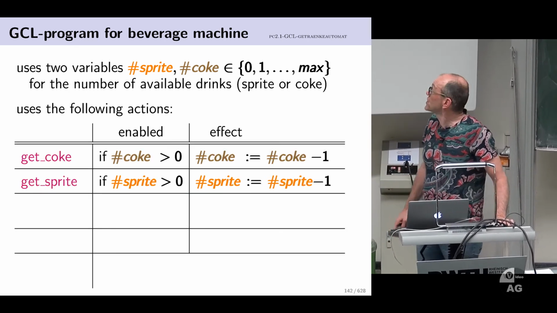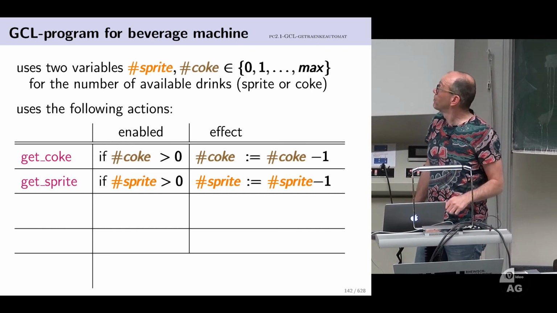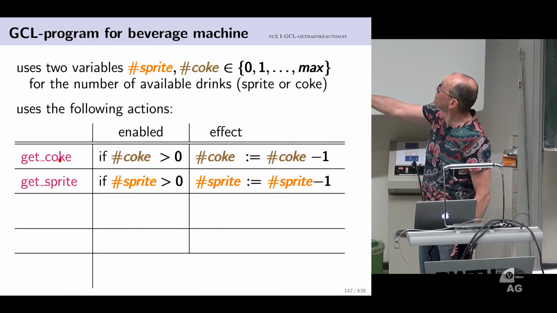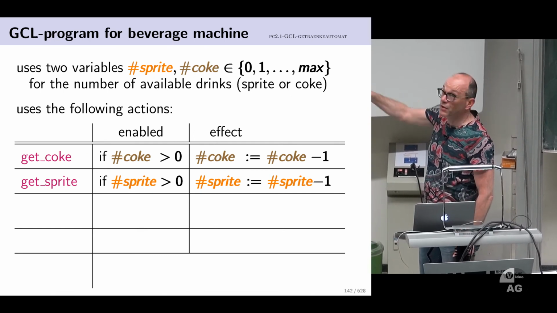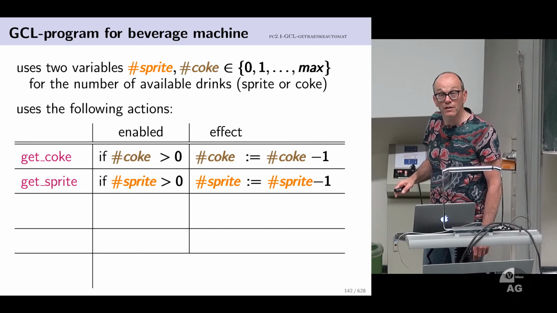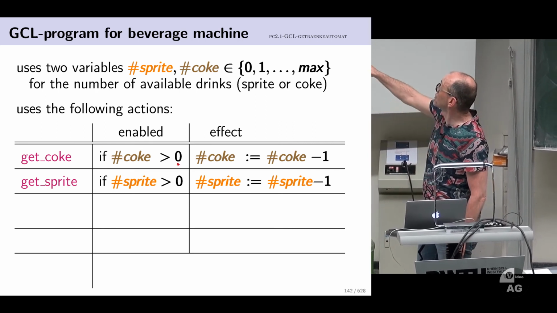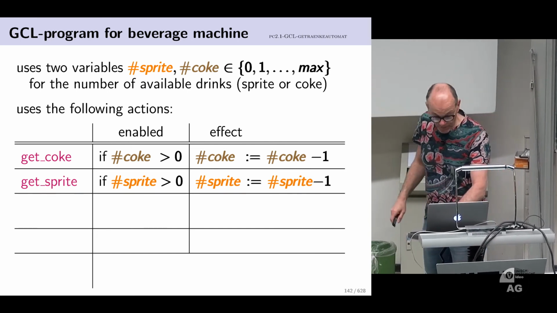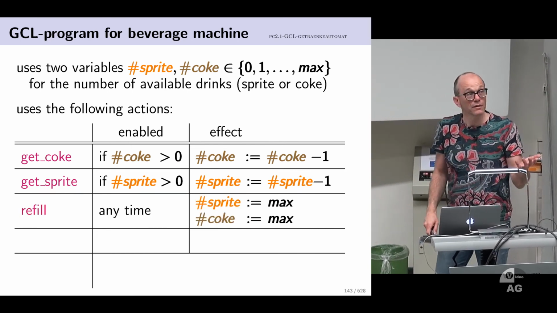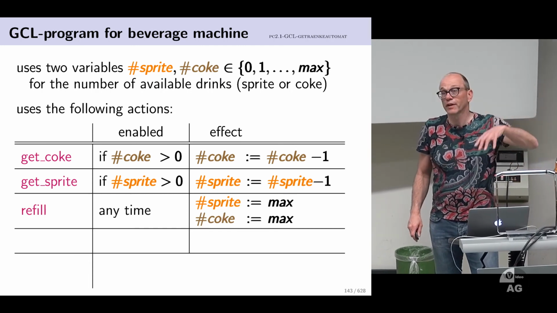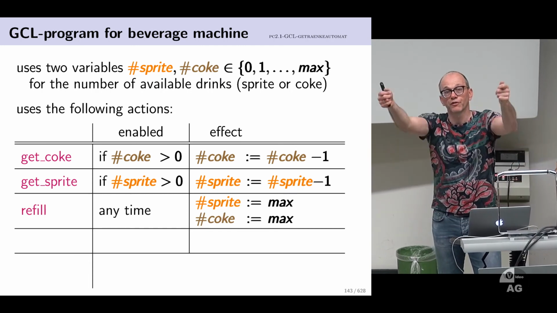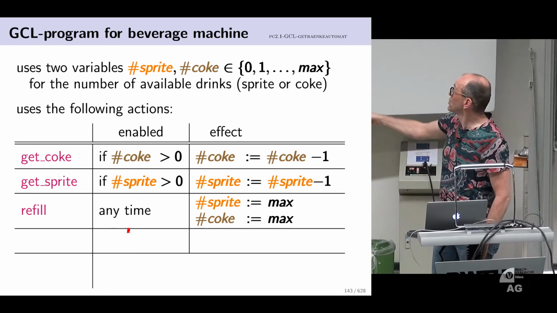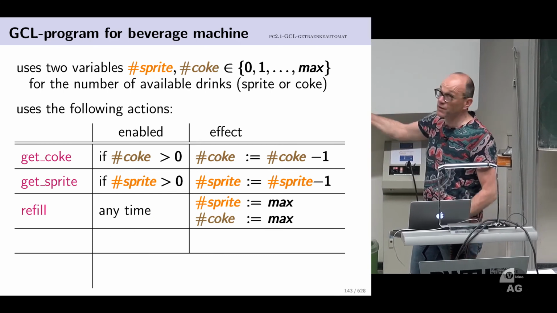Then you can have actions. Maybe you insert a coin in the machine and you can get a Coke. This of course is only possible if there is at least one Coke bottle left. That means if the number of Coke bottles is positive, then you take a Coke bottle. The same for Sprite. When can you do a refill? In the cafeteria here, somebody comes, opens this machine and refills. My assumption is you refill up to the whole capacity. So this is always enabled, which is just saying true.